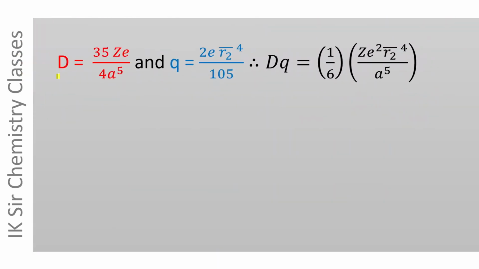Here d is equal to 35 Z e divided by 4 a to the power 5, and q is equal to 2 e R2 bar to the power 4 divided by 105, and multiplying d by q, we get dq is equal to 1 by 6 multiplied by Z e to the power 2 R2 bar to the power 4 divided by a to the power 5.